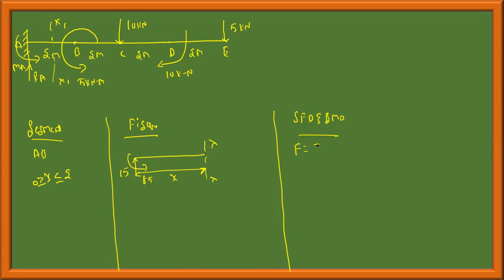For shear force, summation of vertical forces is not equal to 0. That is from the left hand side, acting upwards is positive, 15 kilonewton. Moment will not come into the picture. Moment in the sense of two equal and opposite forces separated by a certain distance, 5 kilonewton, 5 kilonewton, which will constitute a moment. Therefore, this is 0.